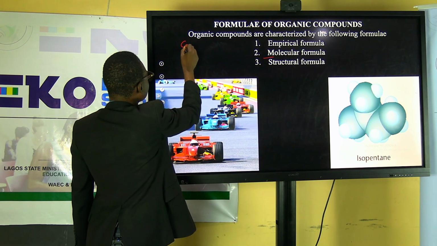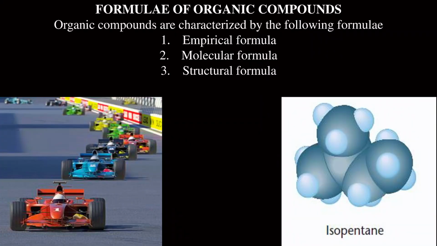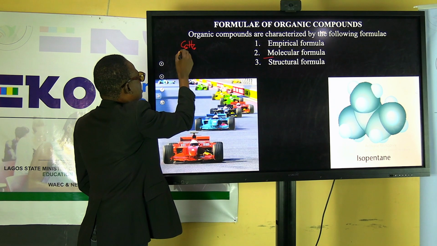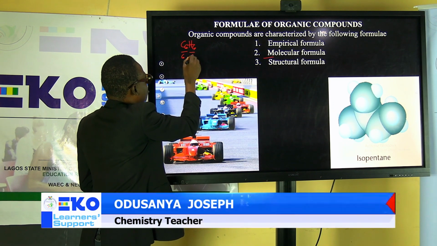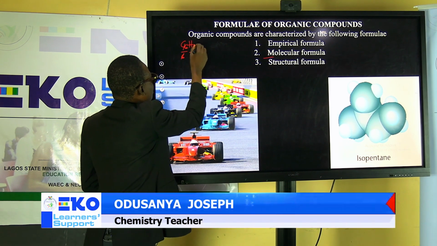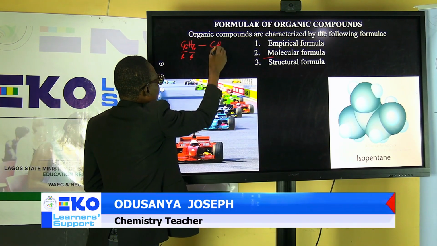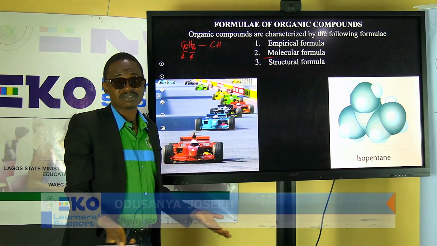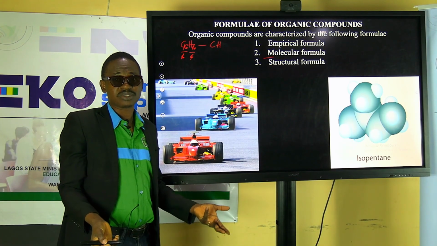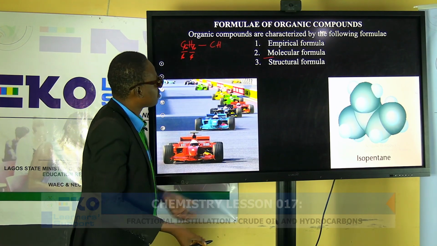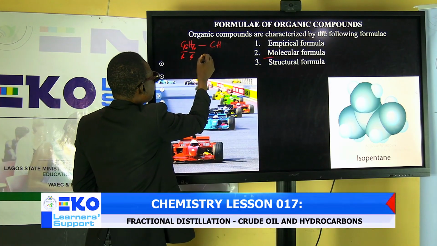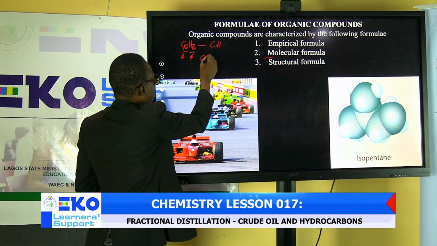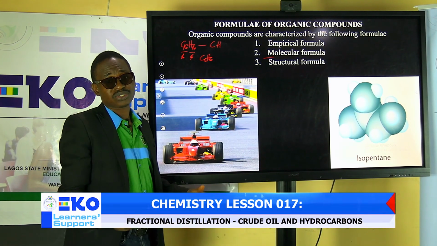If I have C2H2, in the empirical formula here, the smallest atom ratio, C2H2 can be divided by both. So if I do this, I have CH. So basically CH simply means here the empirical formula, the smallest ratio. Are you fine? Good. Empirical formula. Then C2H2 becomes the what? Empirical formula. Then the structural formula.